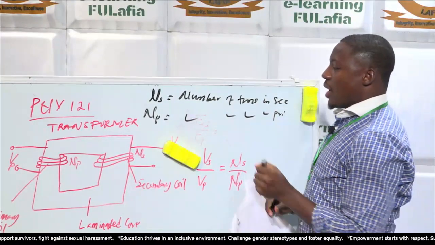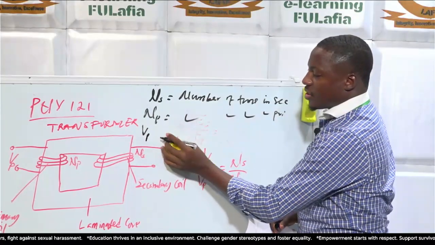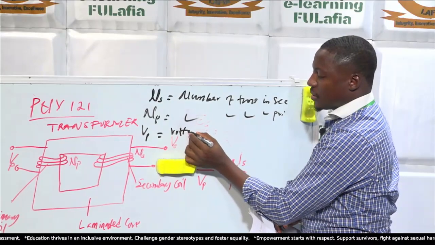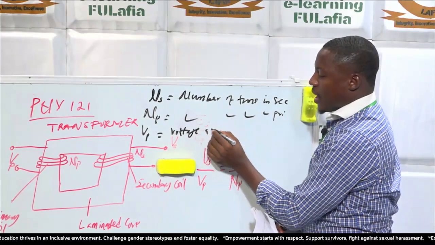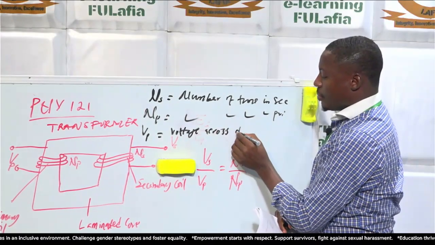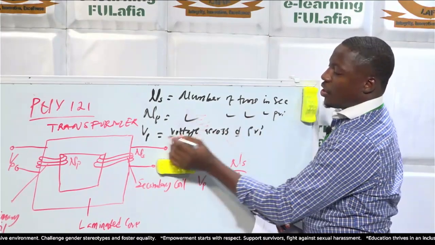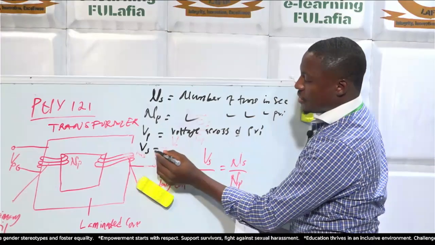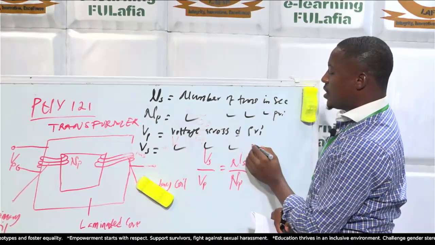And now our VP is talking about the voltage across the primary, and also VS is talking about what? Voltage across the secondary.